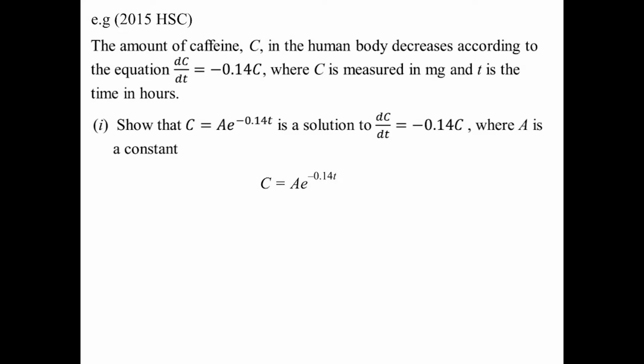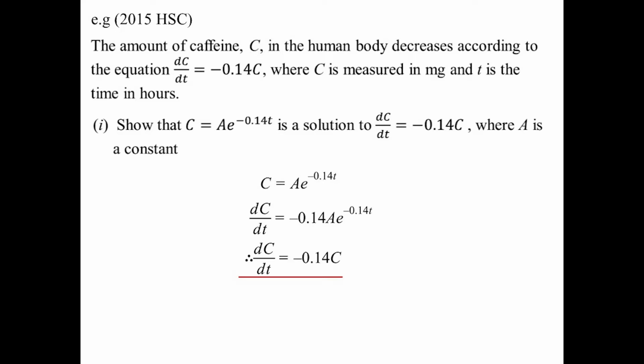And if we were to differentiate that, well, what we saw was you differentiate the power, and in this case, it's just a linear function. So differentiate minus 0.14t, we'd get minus 0.14, and then multiply it by the exponential function. But we know that C is equal to Ae to the minus 0.14t. So I could just substitute in for that, and we've come up with the differential equation that we had to solve. So that's showing that, yes, this equation does solve the problem.